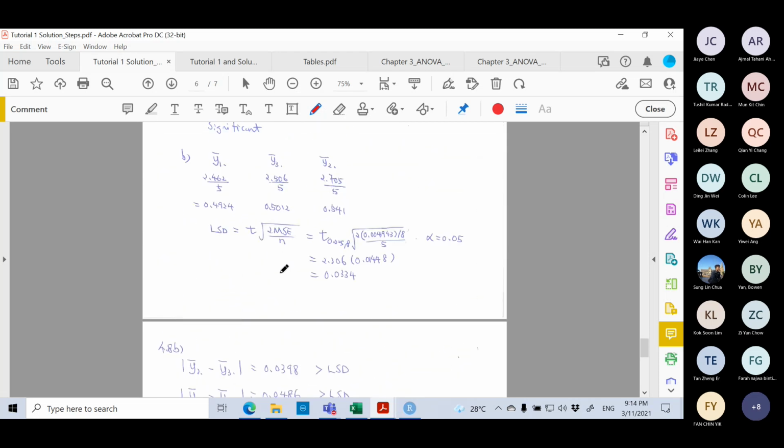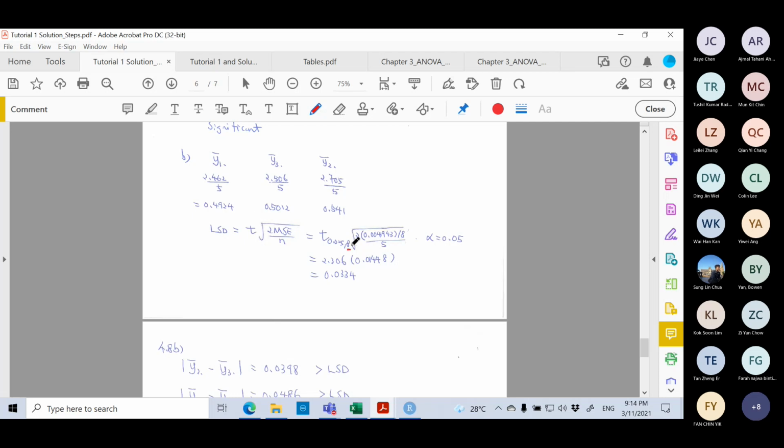Another thing I also need to remind you about is the t value here. The x here is actually the degree of freedom. So when we want to calculate the t value, it depends on the degree of freedom. But what is the degree of freedom here? In the ANOVA table, you also have a degree of freedom. In the t value here, you also have a degree of freedom.